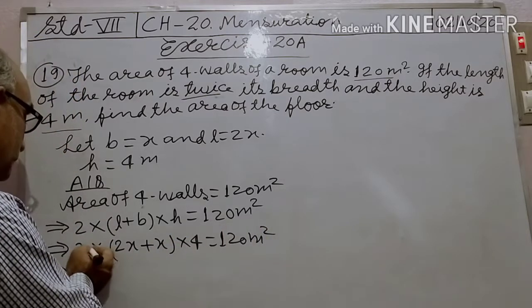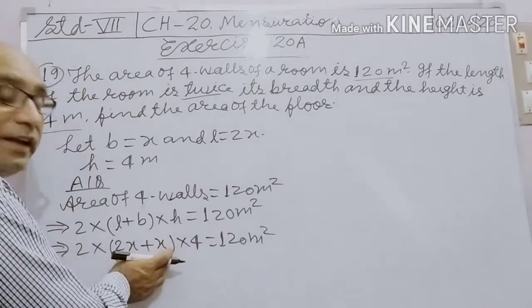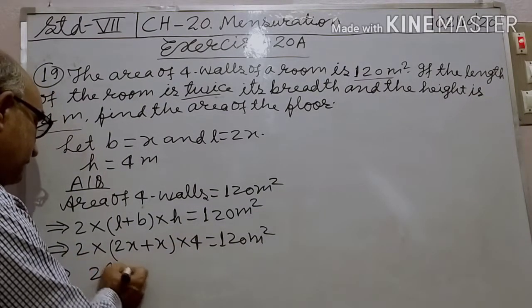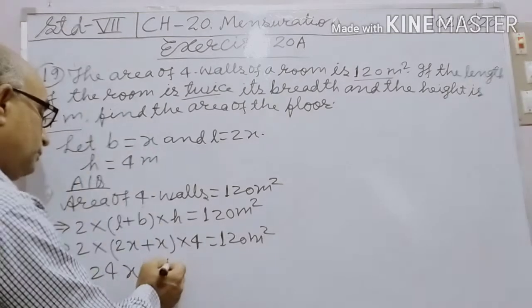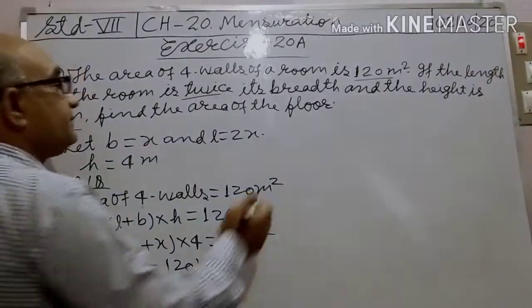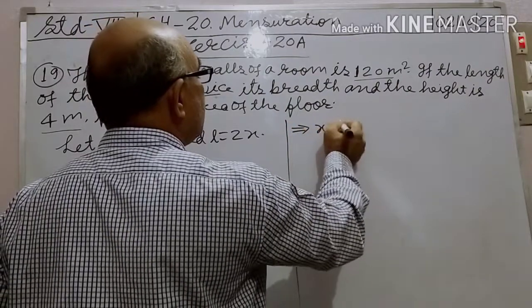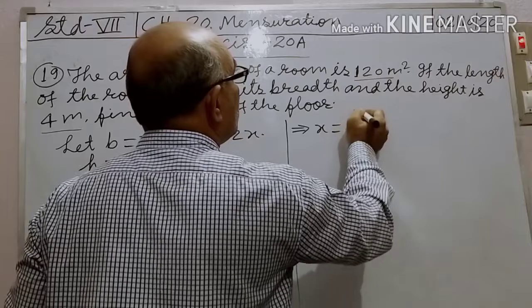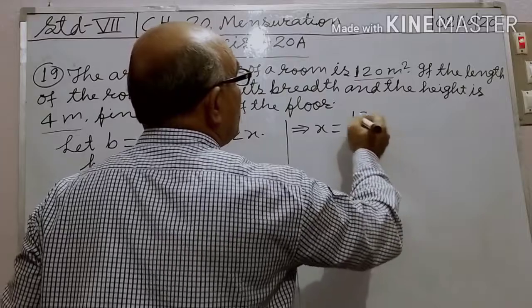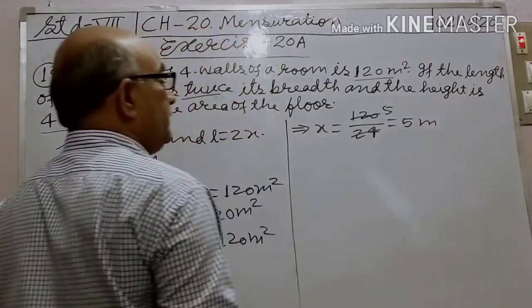That implies 2 into 4, 8, 2x plus x is 3x, 3x into 8, 8 3s are 24x equal to 120 meter square. Now x equal to 120 by 24, equal to 5 meter.